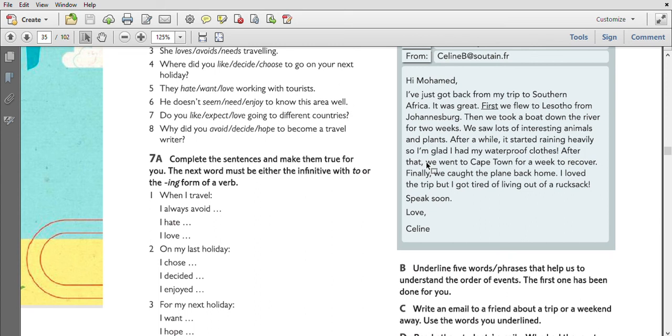These words help us. They are words that link the sentences with each other, and they help us to understand the order of events. So first, then, after a while, after that, and finally.